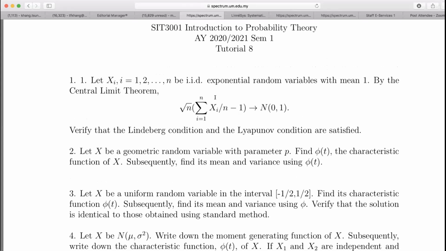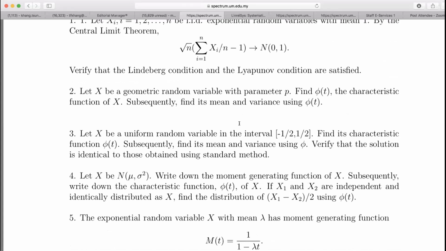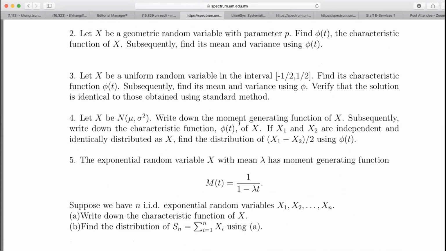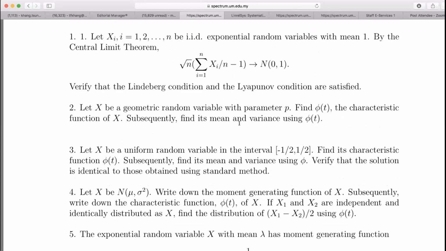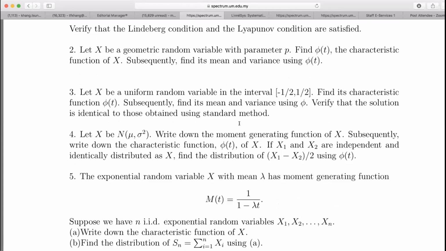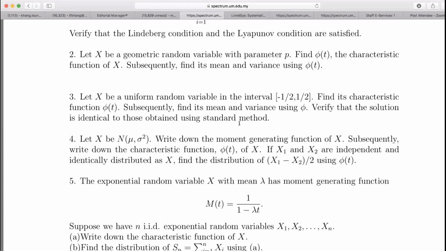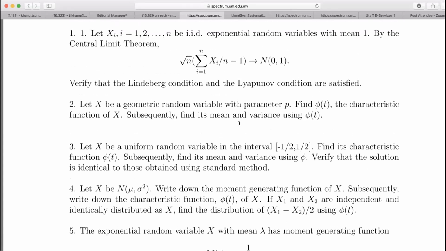One question on the Lindeberg-Lyapunov condition, and then the rest will be some exercises in using characteristic function, right? So this will be the last one, and we will talk about it next week, next Thursday, right?